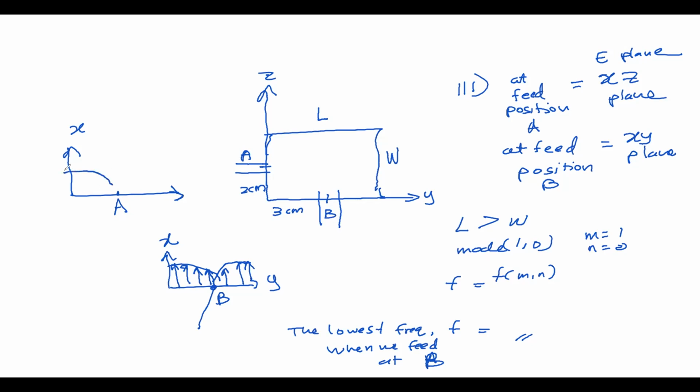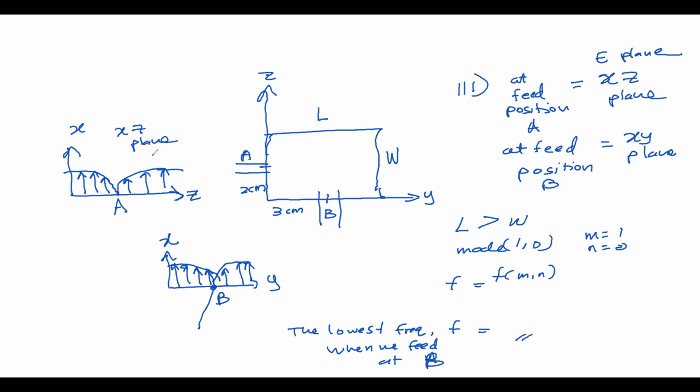So the E field will be across the X and Z axes. The E field is going to be distributed like this, across the XZ plane. So the E field is generated in the XZ plane.